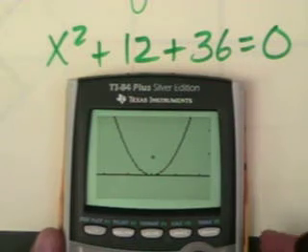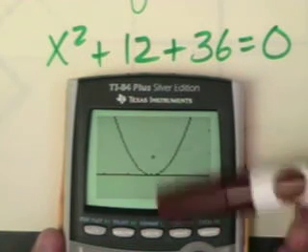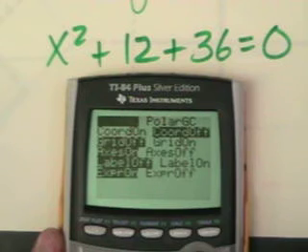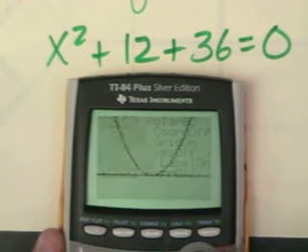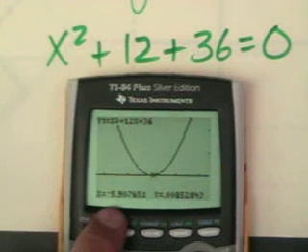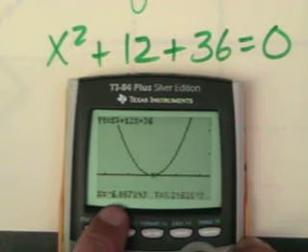And that looks pretty much like it's just going to cross at one place right there. I'm going to see what that value is, and I'm going to trace the graph, and it looks like it crosses right at about 6, or -6 I should say.